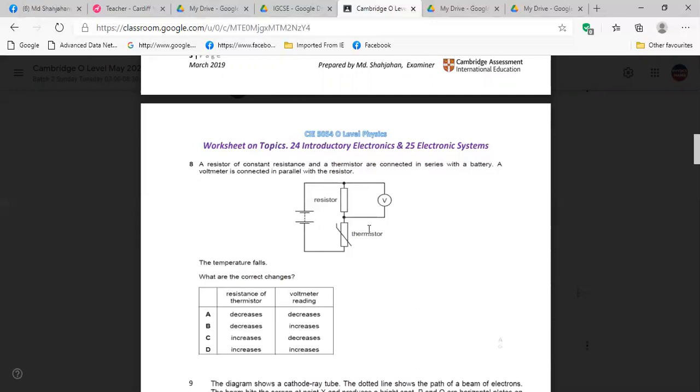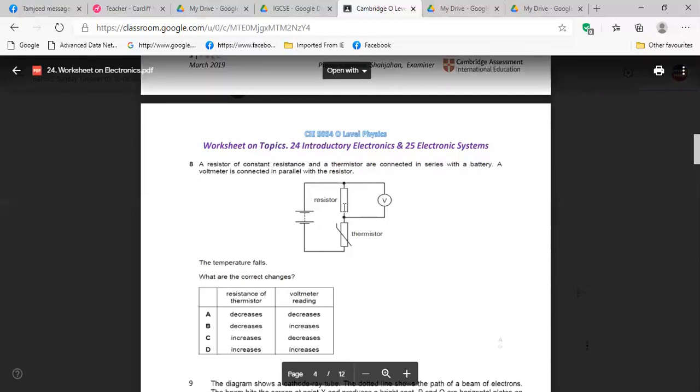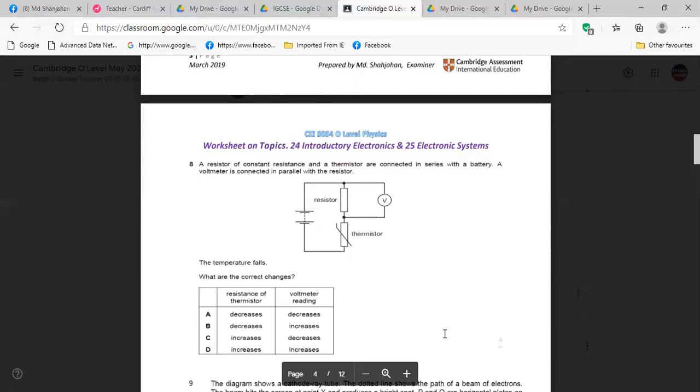Then voltage sharing will be less in the resistor. Now you'll get your answer. Oh, that means voltage decreases. Yeah, the voltmeter reading decreases.